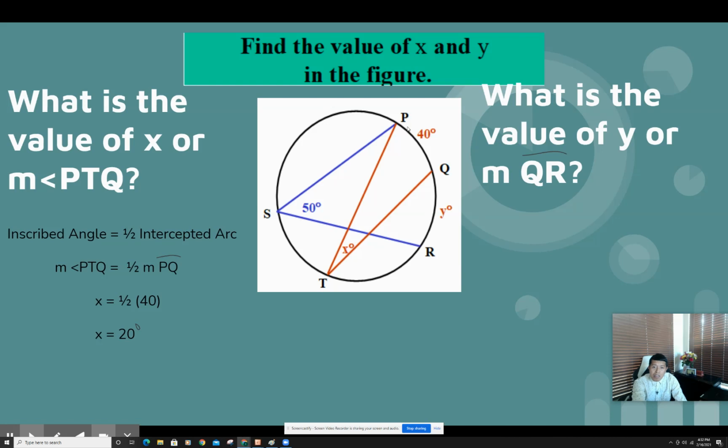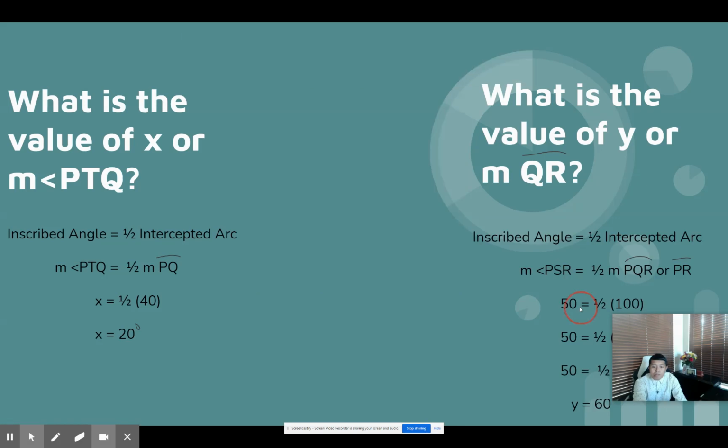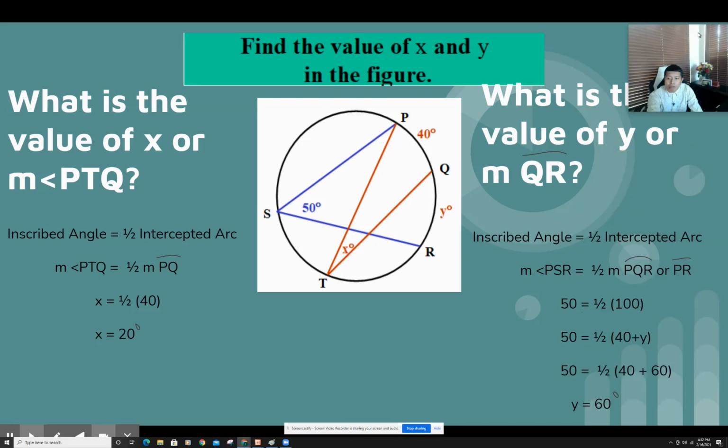So the arc PQR should be double the 50, that should be 100 degrees. But we have PQ as 40 degrees. What is QR? So 100 minus 40 is 60. So this is the work. So y is 60 degrees.